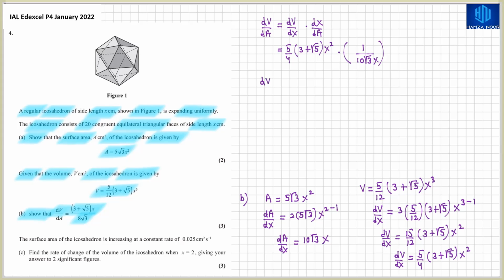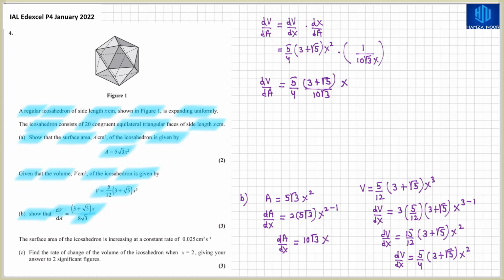So therefore we can say that dV over dA is equal to 5 over 4 multiplied by 3 plus root 5 divided by 10 root 3, and this whole fraction is basically multiplied by x.